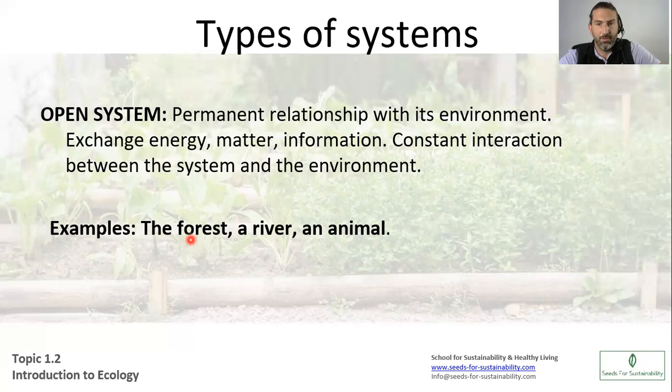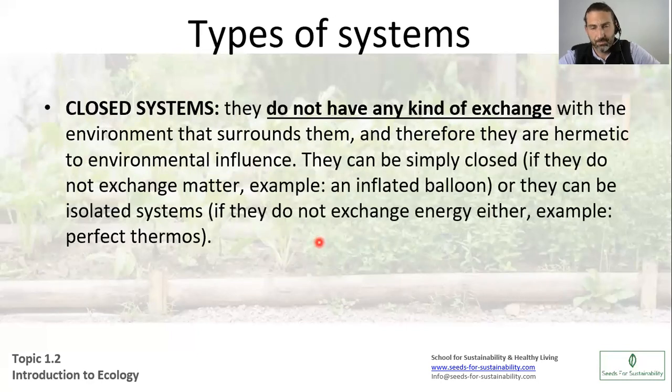Good examples: the forest, a river, or an animal. Let's take the animal: constant energy exchange, input, output, constantly composing, using that energy, and completely connected to its nature. So this is a good example of an open system.